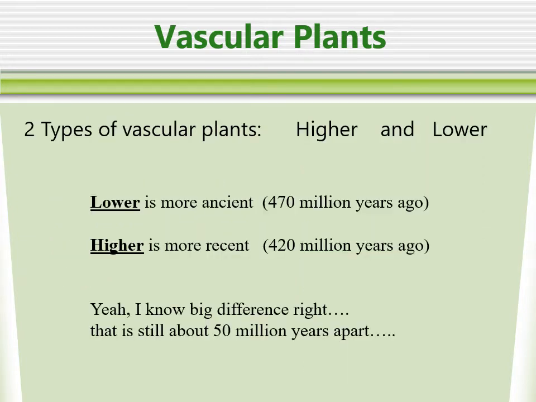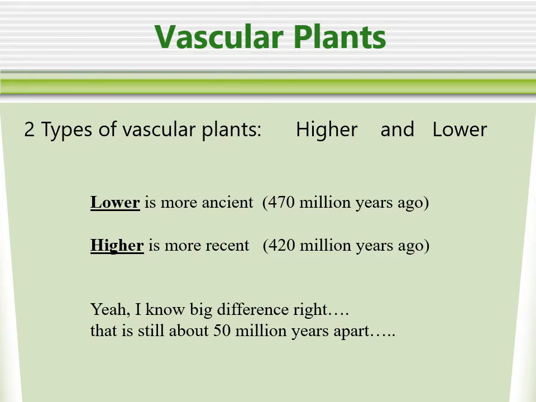Now, continuing with dividing plants into categories, we have our vascular and non-vascular. Within vascular, we also have lower and higher, which is kind of confusing because it has nothing to do with the height of the plant. It has more to do with its evolutionary age. Lower plants are considered more ancient. It's kind of ironic, the lower plants that we still have around the world first started appearing on the planet 470 million years ago.